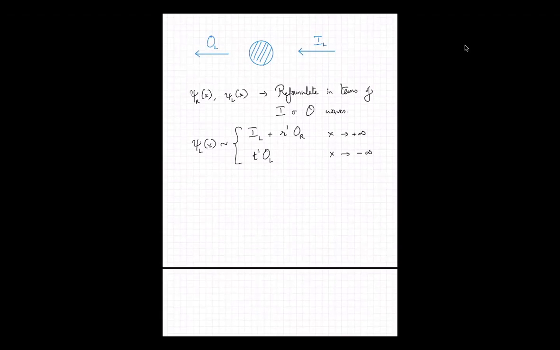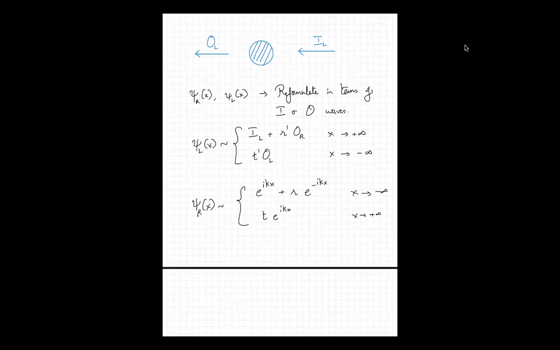So I will also write down psi r of x. Psi r of x, if I could remind you, is e to the ikx plus r e to the minus ikx in the region x going to minus infinity, and t e to the ikx in the region x going to plus infinity.